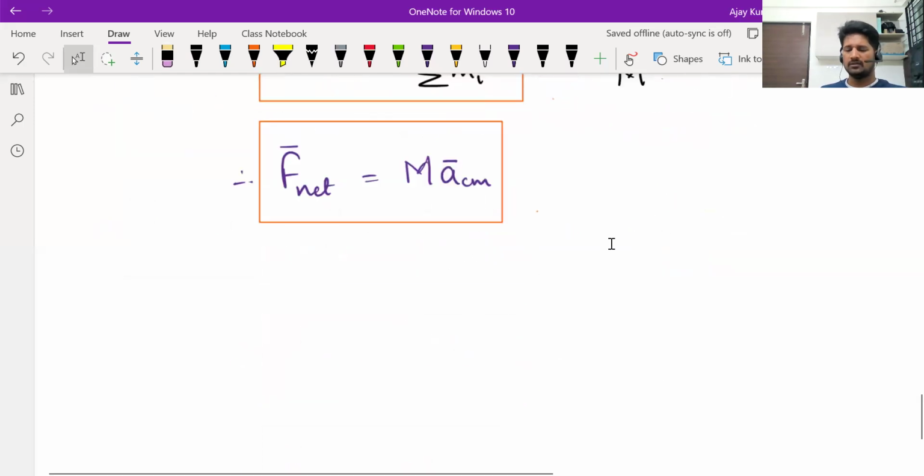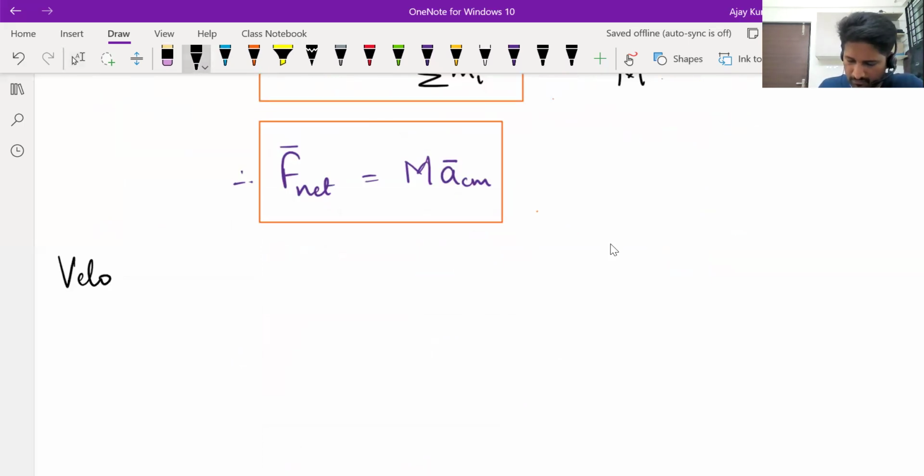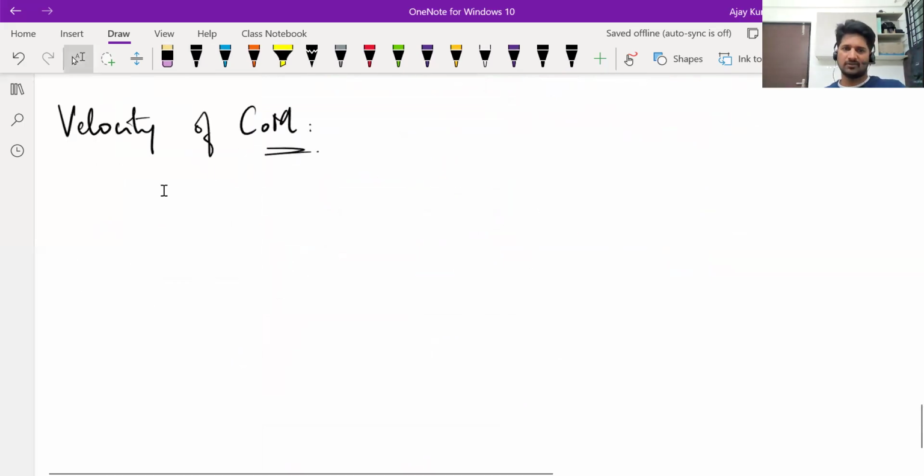Can one of you tell me how to derive velocity from acceleration? Generally, if you know the acceleration of an object or a particle, how do you derive its velocity?